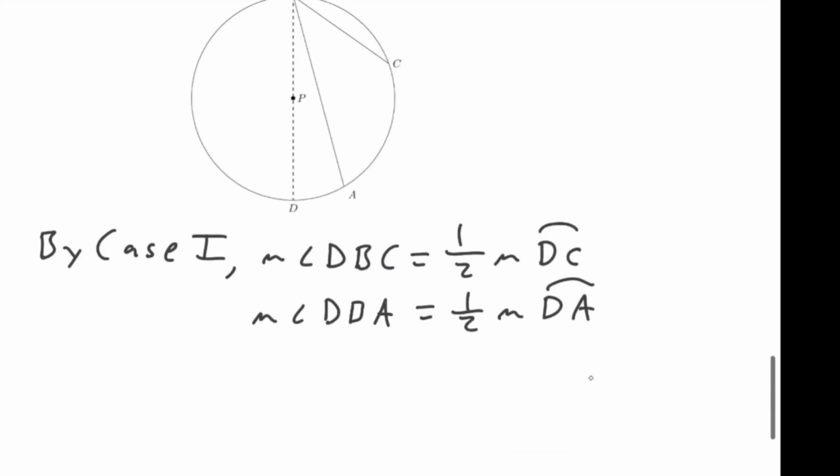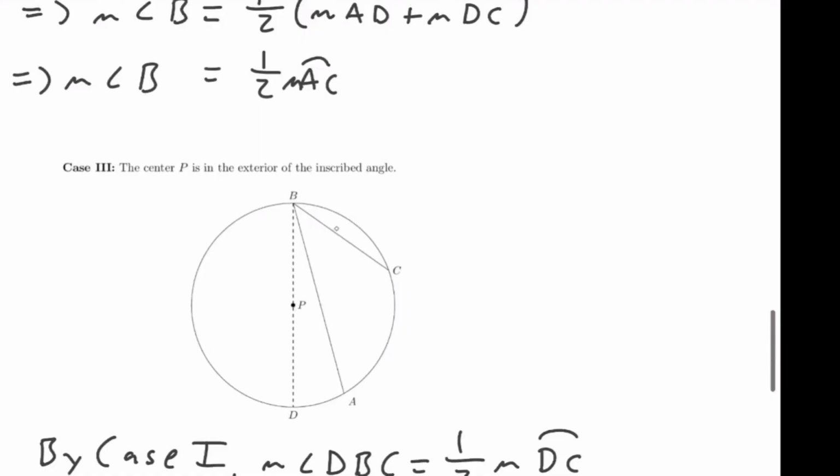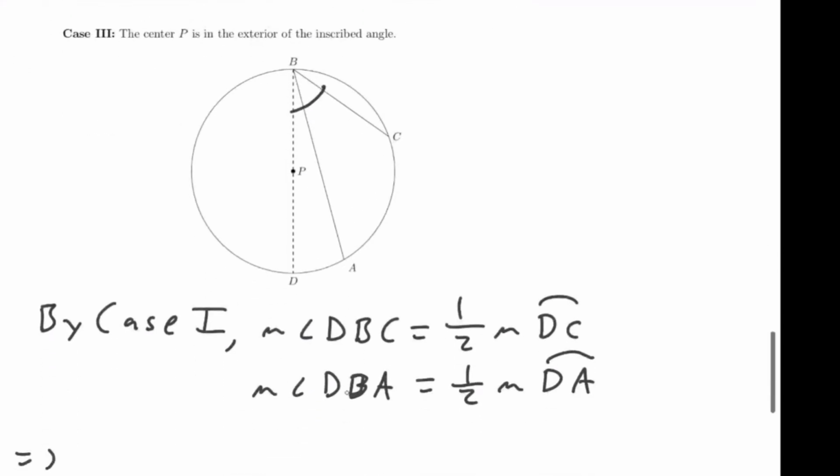Of course, I want to get angle B, which is just DBC minus DBA, the difference of these two.